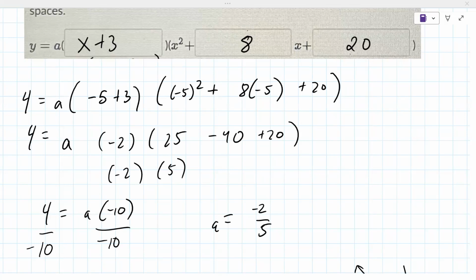The form y equals a times (x plus 3) times (x plus 4), and then 20. Okay.